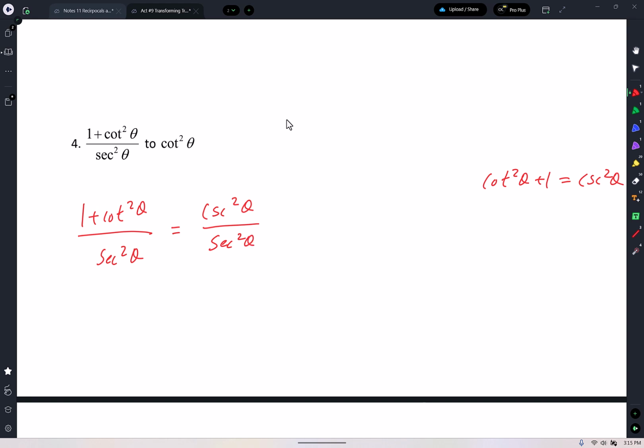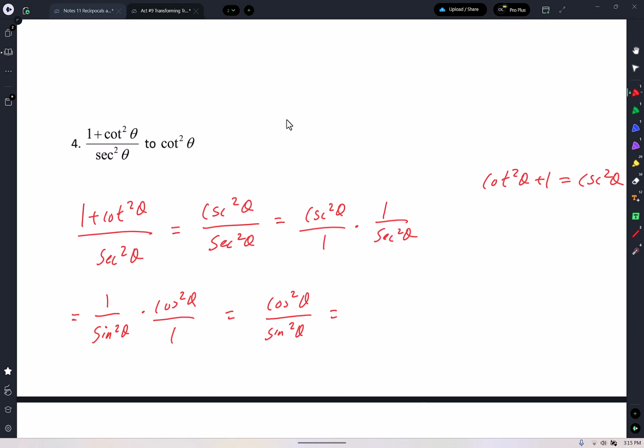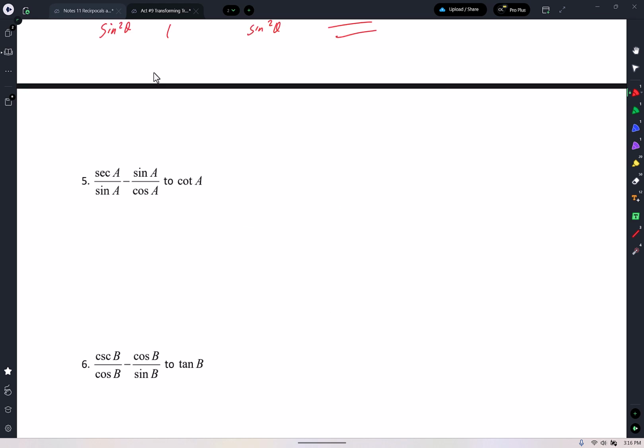And that's gonna equal cosecant squared theta over 1 times 1 over secant squared theta, which equals 1 over sine squared theta times cosine squared theta over 1. Perfect. And then that equals cosine squared theta over sine squared theta, and that's cotangent squared. Good job. Do you want to break it down? I'll type it.